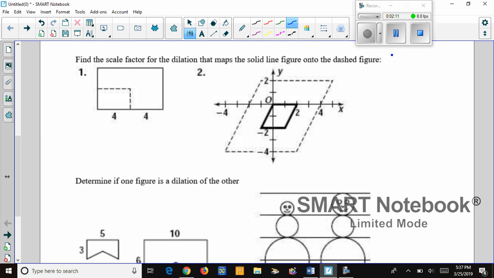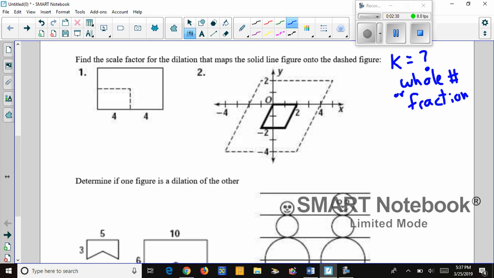This means we are solving for K. I'll warn you that K is either going to be a whole number or a fraction, whole number or a fraction for our purposes.